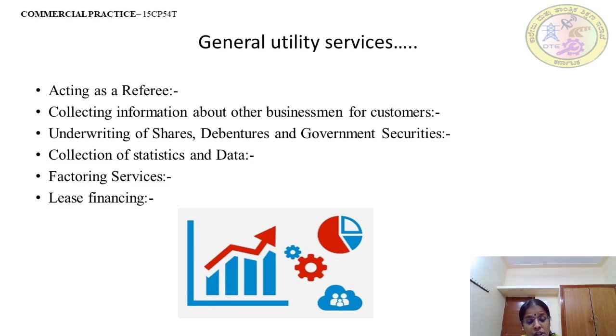Such credit risk is taken by the commercial banks, and this is what is called factoring services. These factoring services will be charged by the factor for the work involved in maintaining the sales ledgers, collection of debts and other related activities.